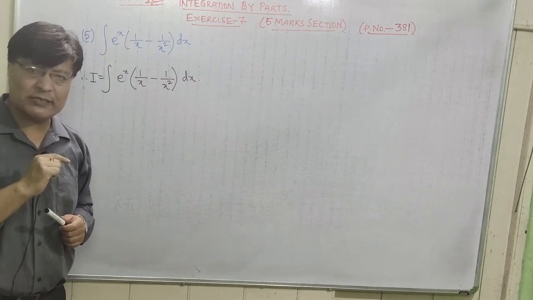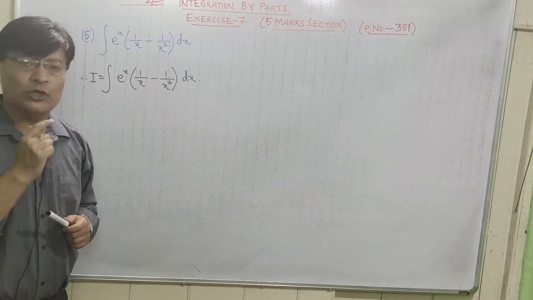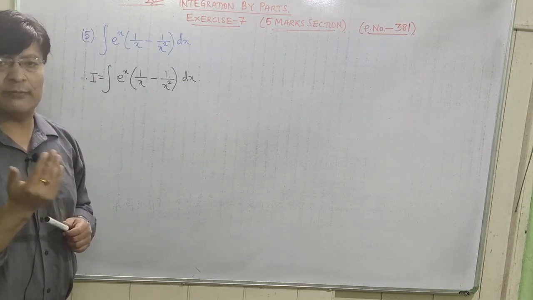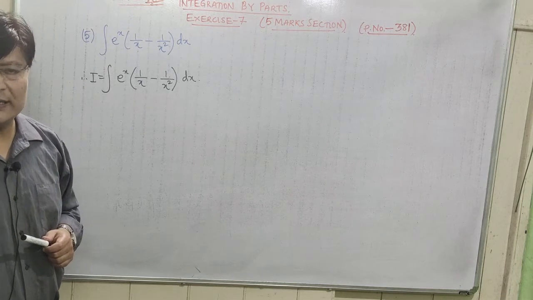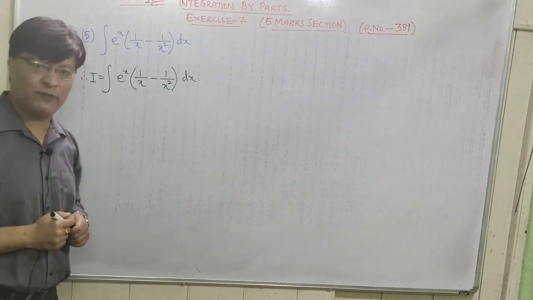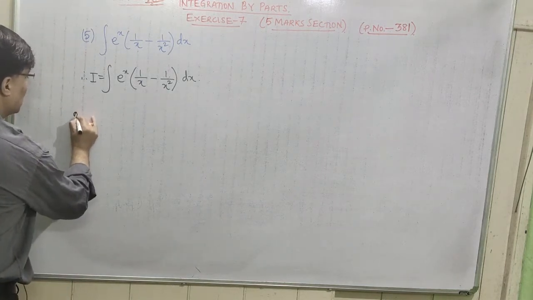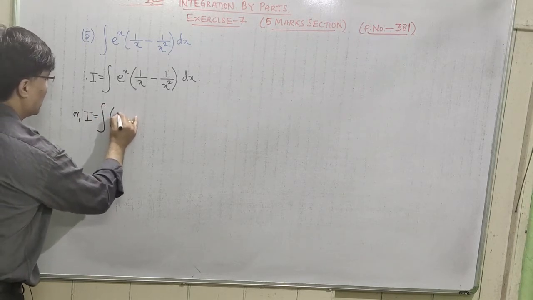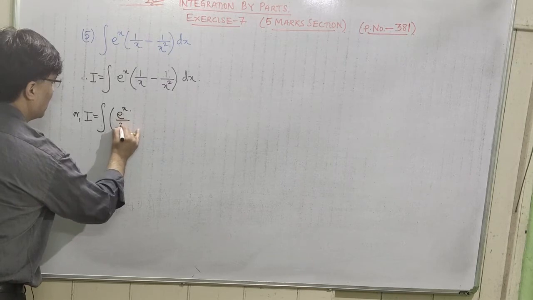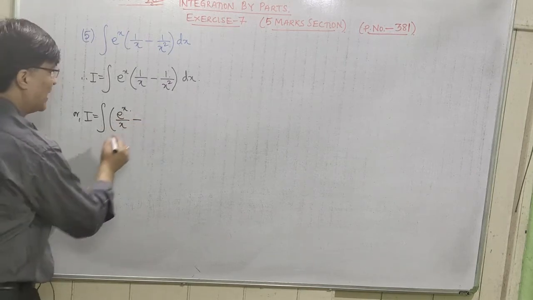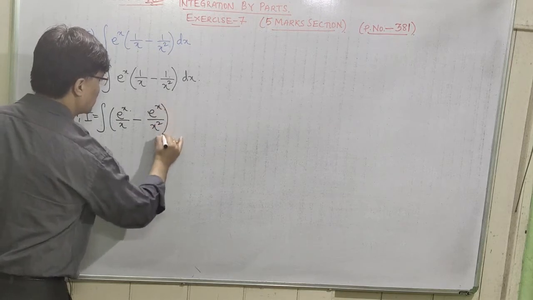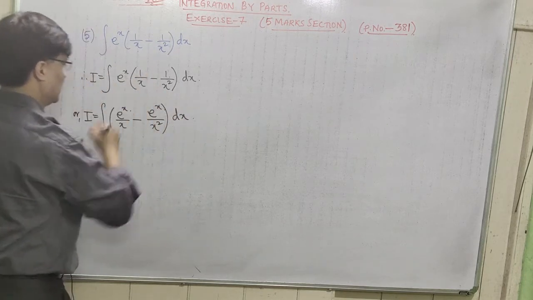Since differentiation of the first function is the second function, you have to use integration by parts for the first function, keeping the second term as it is. You cannot use integration by parts for the second function. Okay, so I is equal to integration of, within bracket, let us multiply it, e to the power x upon x minus e to the power x upon x square, bracket closed, dx.